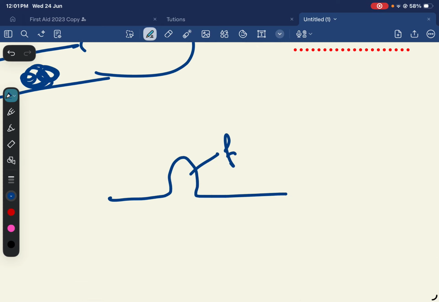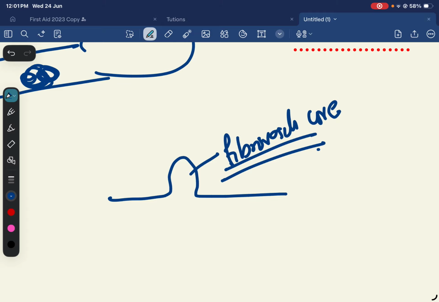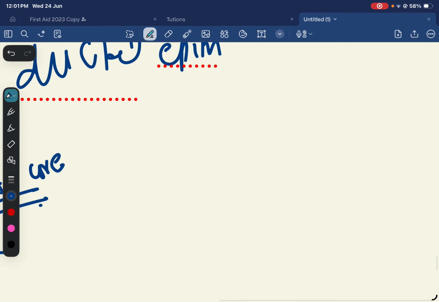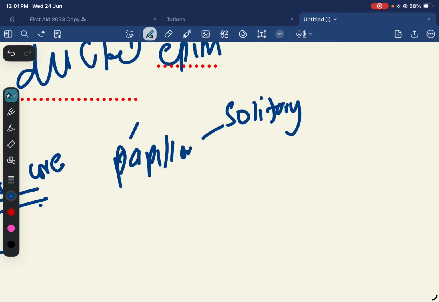Now this has a fibrovascular core as well. These papillomas are further divided into 3 parts. A papilloma could be solitary in nature, or it could be more than one, which is also called papillomatosis.